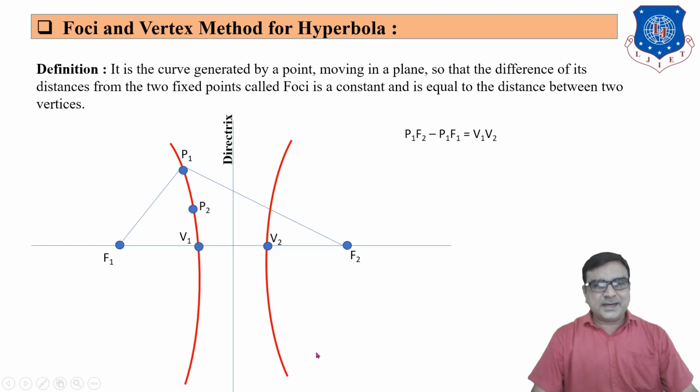If you select another point P2, then P2F2 minus P2F1 also remains the same, V1V2, which is the distance between two vertex points.